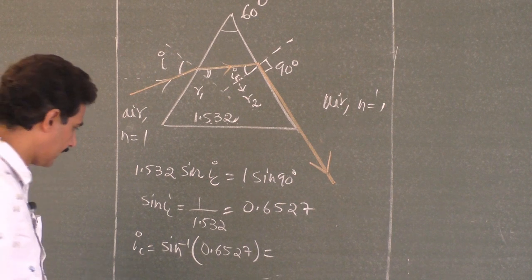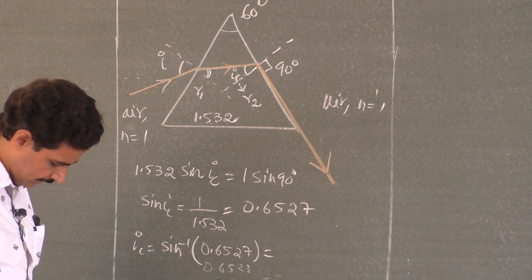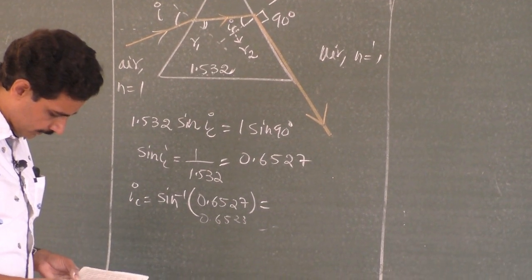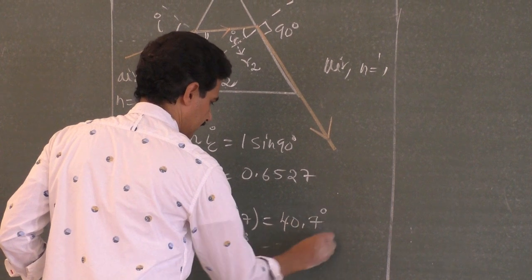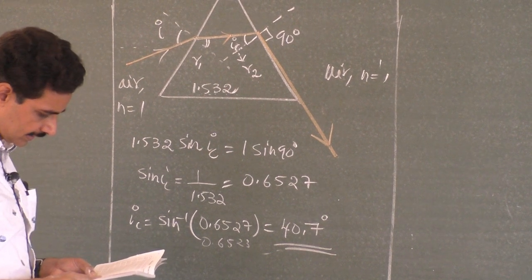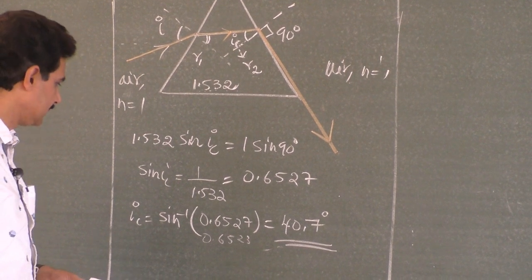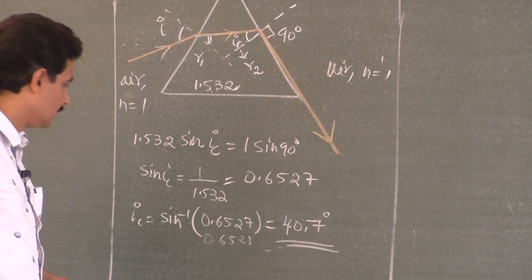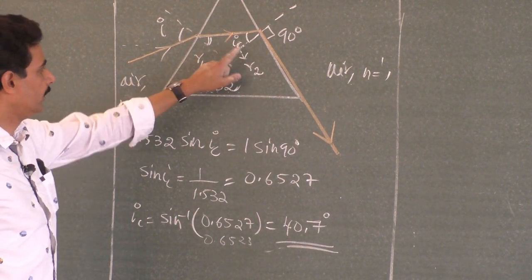That is enough. 0.6523 is found in the 40 degree row and the 0.7 degree column, so I can write 40.7 degrees. In the 40 degree row and 0.7 degree column you have the number 0.6523, and the needed number is 0.6527. This is enough.